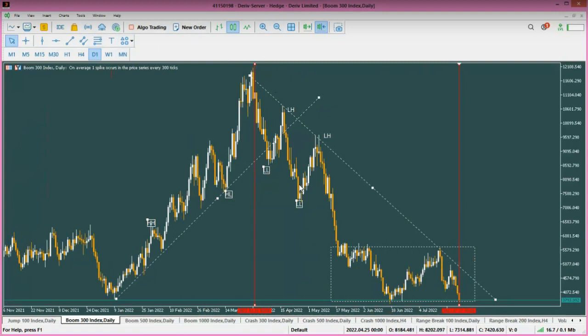So in a downtrending market, you have lower high, lower high, lower high, and then lower low. On an uptrend, you have higher high, higher low, higher high, higher low.